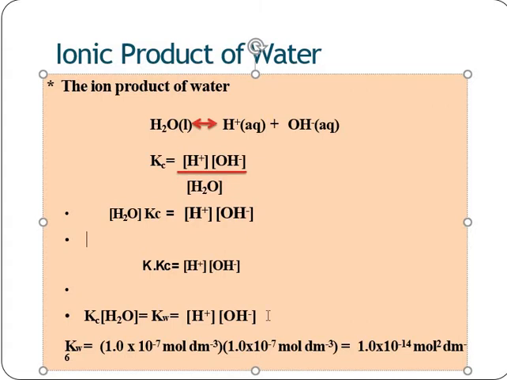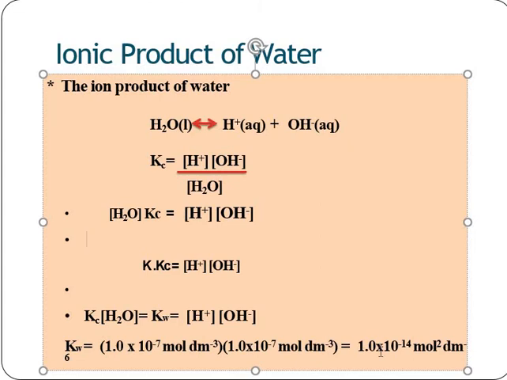From thermodynamic calculations, the concentration of H plus ions is 1 into 10 raised to minus 7 mole per decimeter cube, and similarly the concentration of OH minus ions is 1 into 10 raised to minus 7 mole per decimeter cube, which gives 1 into 10 raised to minus 14.